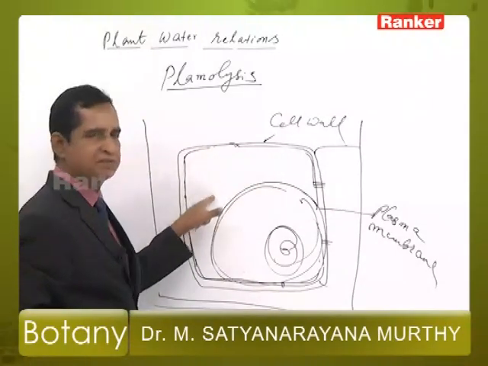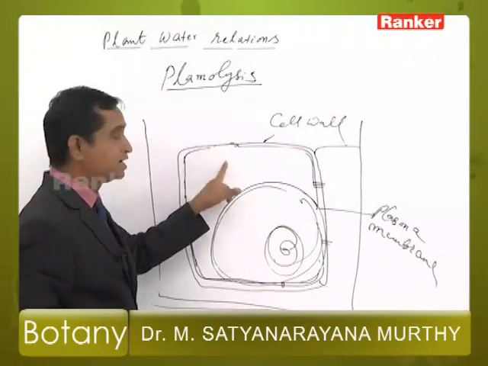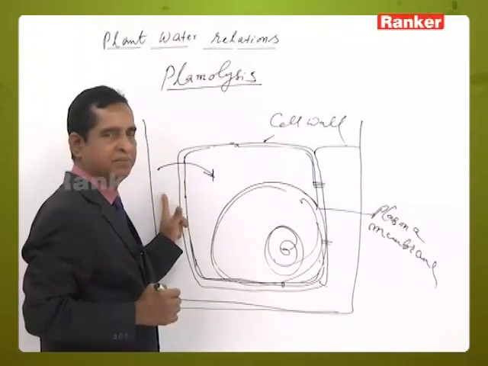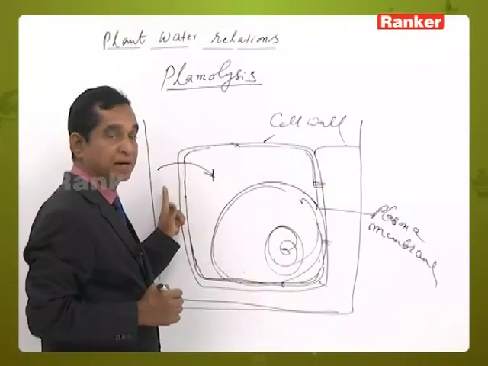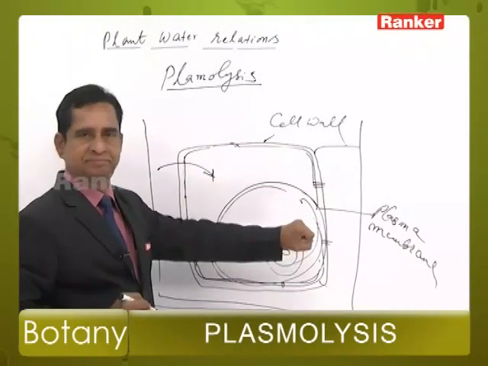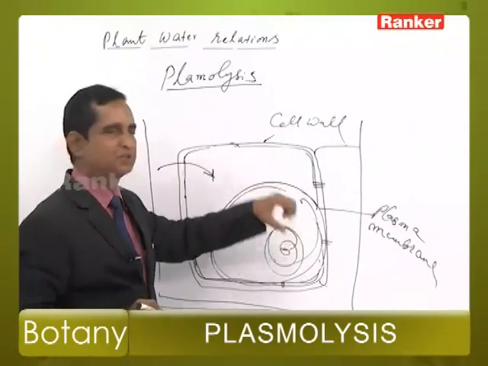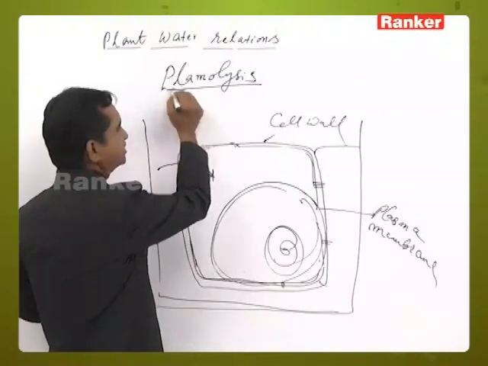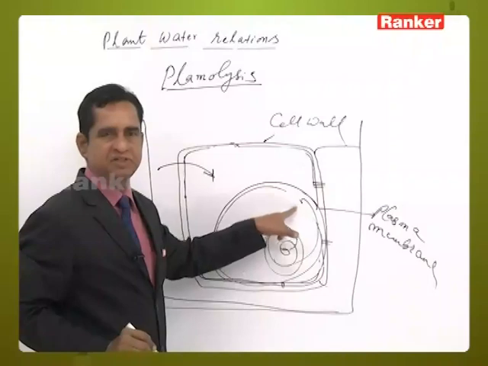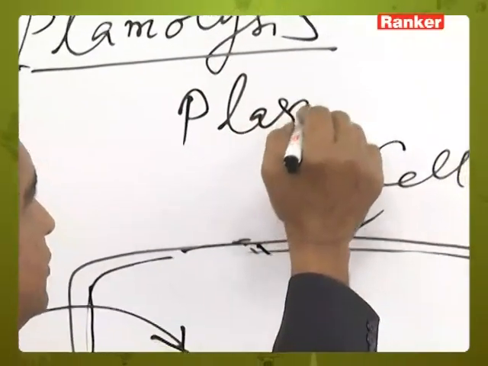And this space between the cell wall and the plasma membrane is filled by the solution present inside the beaker, that is hypertonic solution. This contraction of the protoplasm and separation from the cell wall, this process is called plasmolysis. So this cell is said to be a plasmolyzed cell.